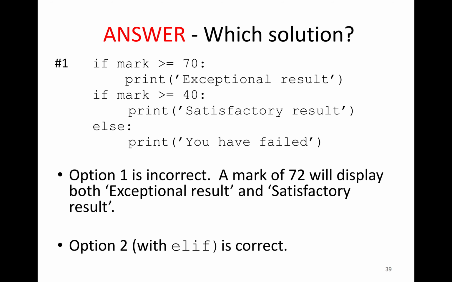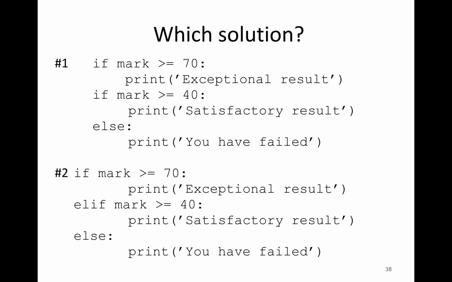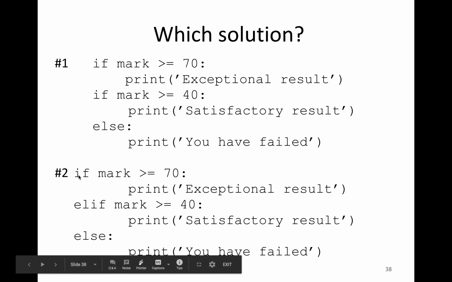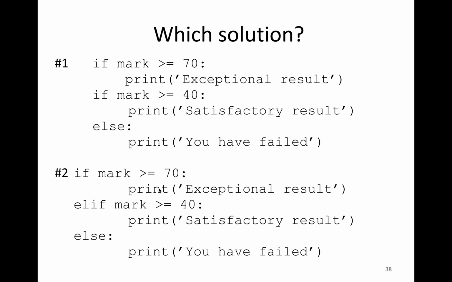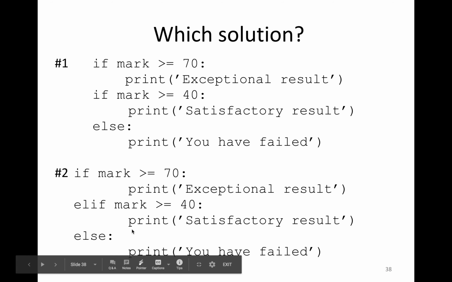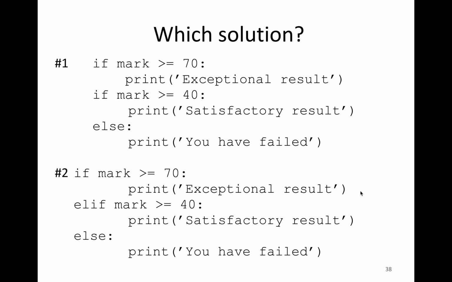So if you apply that rule to option number 2, only the first true branch will run. That means if mark is greater than or equal to 70 is true, the print exceptional result branch is executed. Only the first true branch is executed, so the other else if branches are not executed.